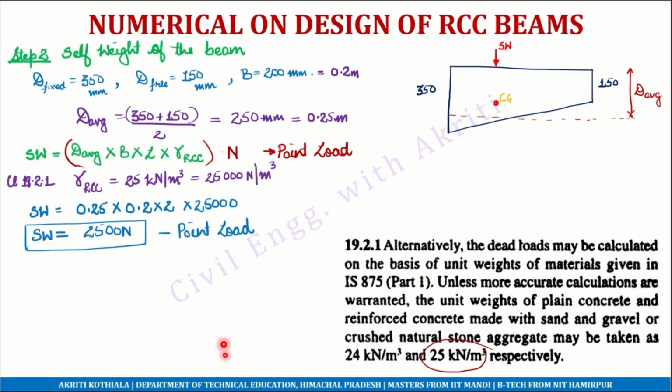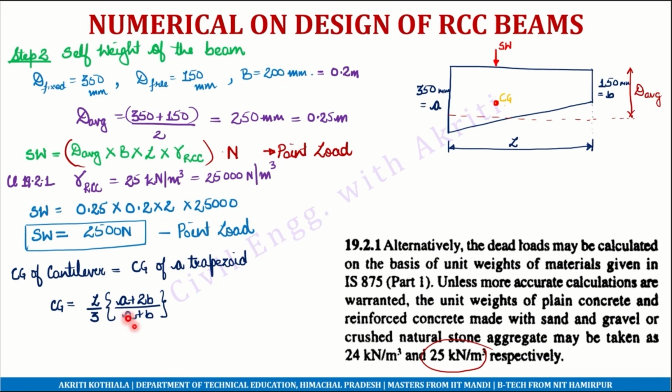Now the question arises, where will this point load act? This point load will act at the CG of this entire beam. So the next step will be to calculate the center of gravity of this beam. The CG of a cantilever will be equal to the CG of a trapezium or a trapezoid. The formula is simply the distance between the two ends of the trapezium, L by 3, into (A plus 2B) upon (A plus B).